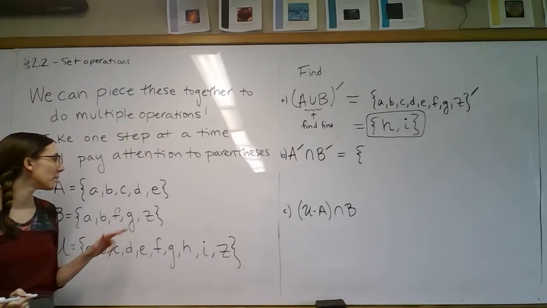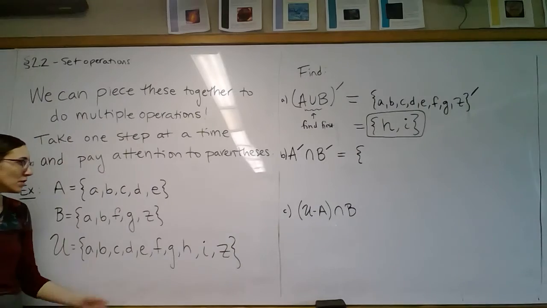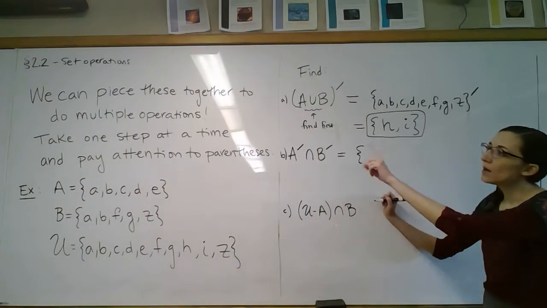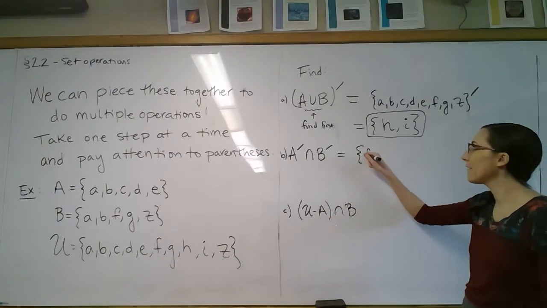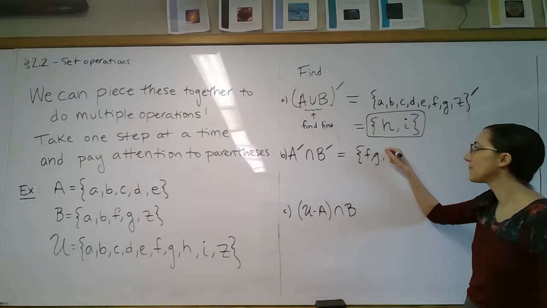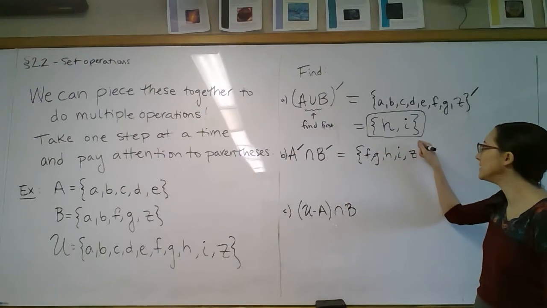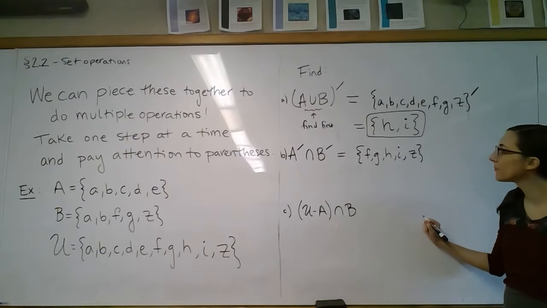A complement, remember, is everything not in A. So looking at U, we need to figure out what's not in A. So we get rid of A, B, C, D, and E. We're left with F, G, H, I, and Z. So that's that set A complement.